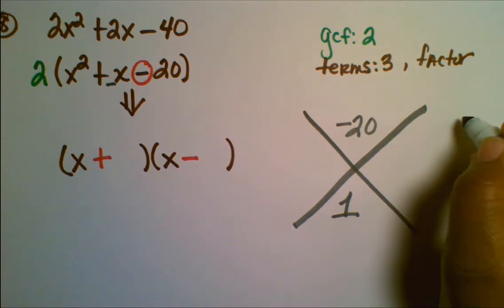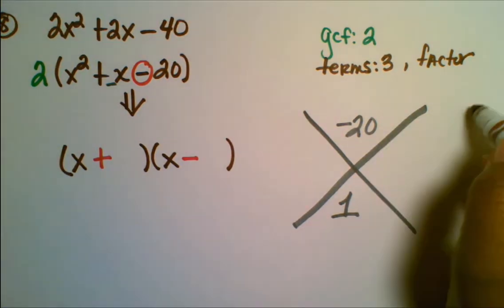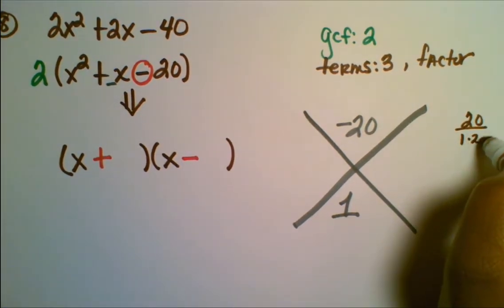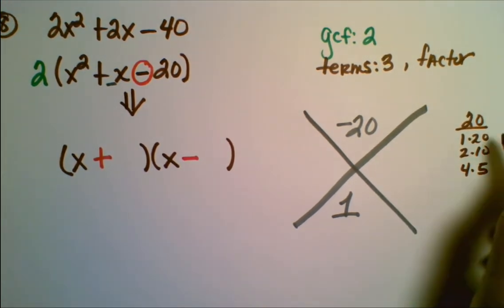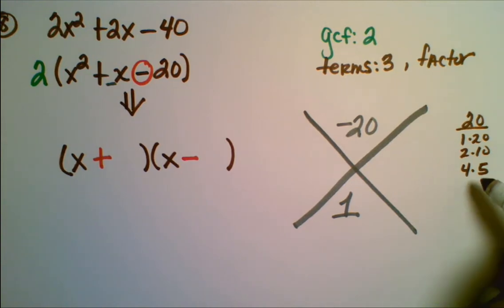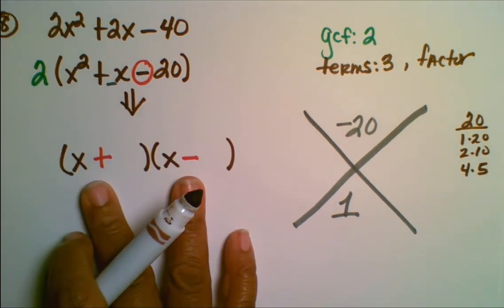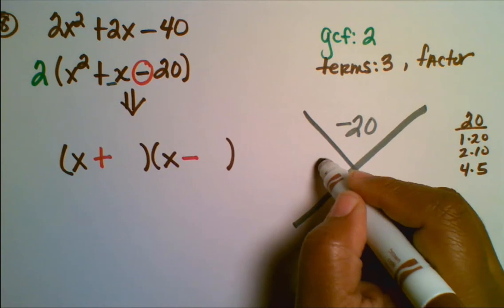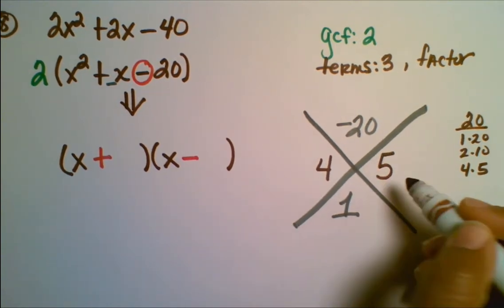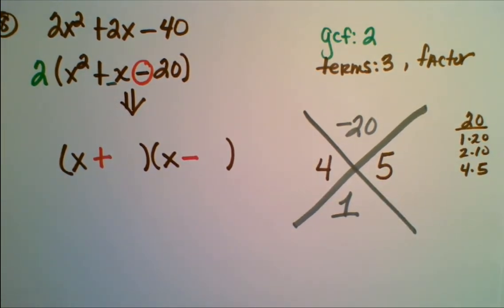Well, let's list factors of 20. Okay, we have here listing those factors. We have 1 and 20, 2 and 10, 4 and 5, and I believe that's it. So because the signs are different, this is telling us that the two numbers that we choose out of the set here, yes, one must be positive, one must be negative, but when we add them together, we're going to be subtracting because of the adding of integer rules with different signs.